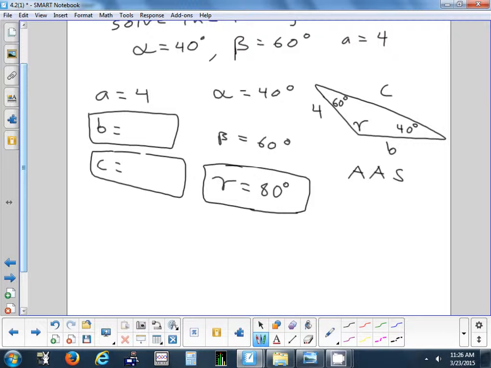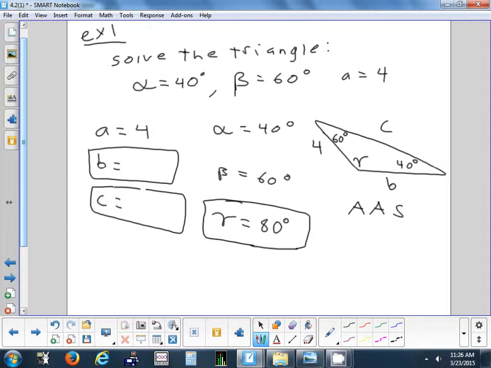Now you can find either B or C first. In this case, it doesn't matter which one you do first. But each time you solve it, you definitely want to use the row that has both pieces of information that were given. So you're definitely going to use that row to find B and to find C. Let's plug that first row into the law of sines.